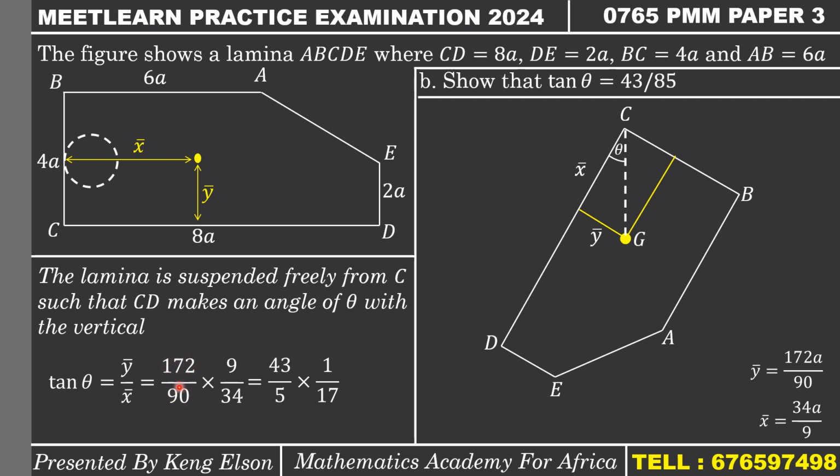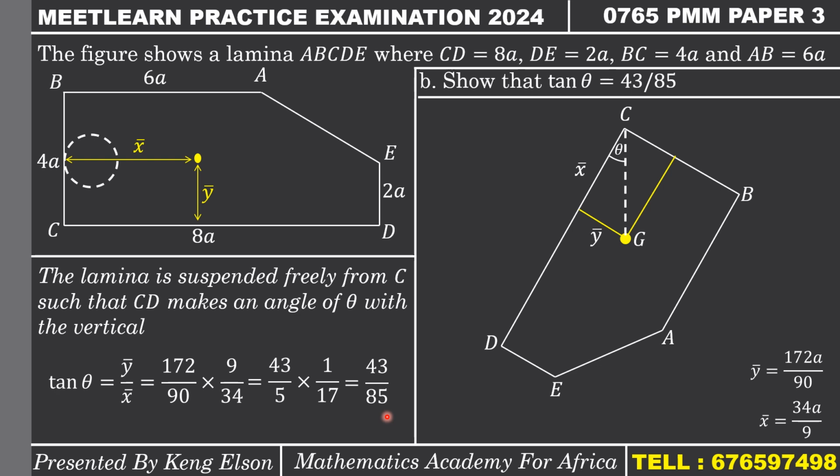But here we have 10. We divide by 2 again. 86 on 2 is 43, and the 10 on 2 is 5. So simplifying, we just have this. So we multiply the numerators and multiply the denominators, and we have that the tangent of that angle is 43 divided by 85.